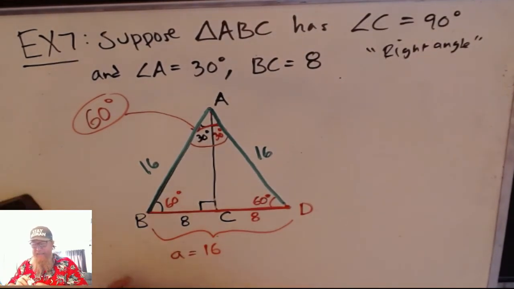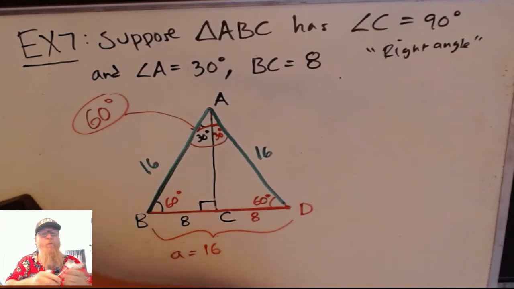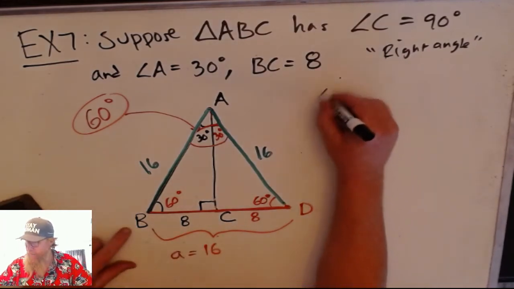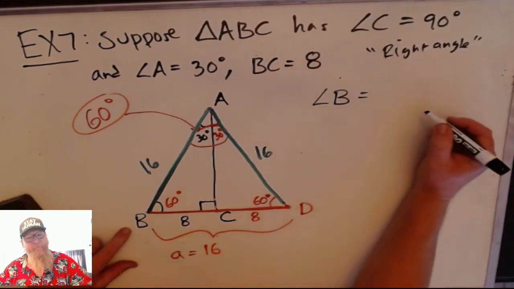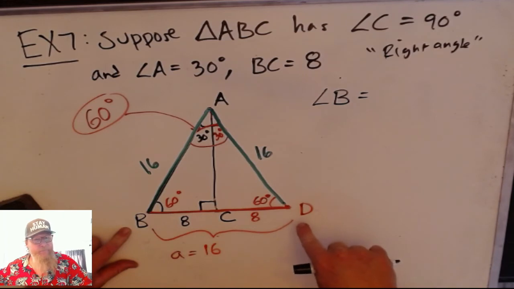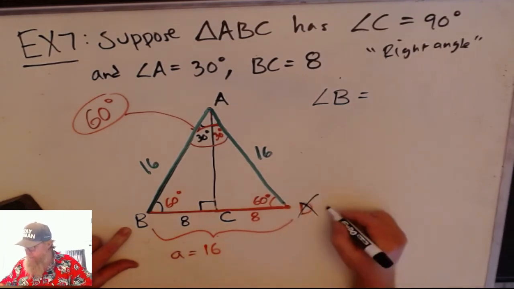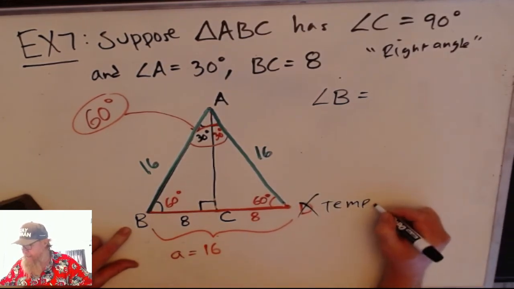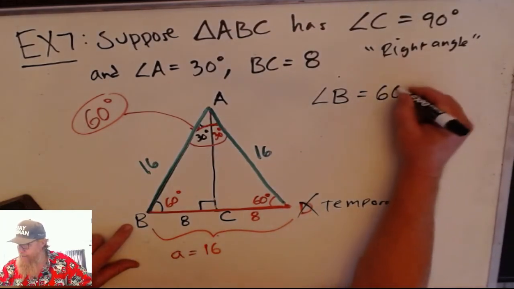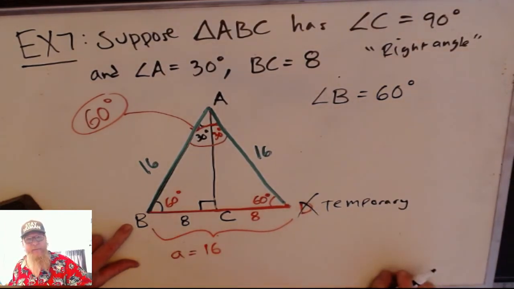So what will I be asking for? I will be asking for angle B. I actually won't ask for D. D was just temporary so that I could get the equilateral triangle. I will be asking for angle B. Angle B is 60 degrees.